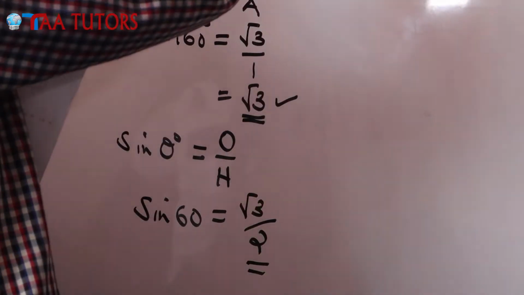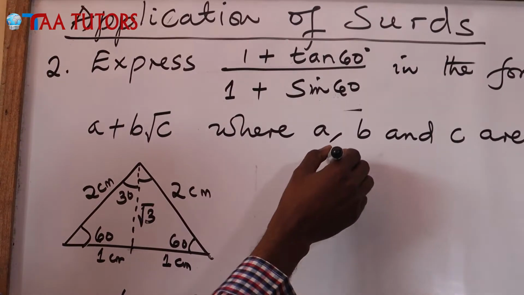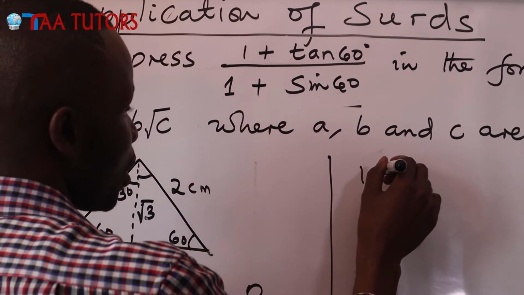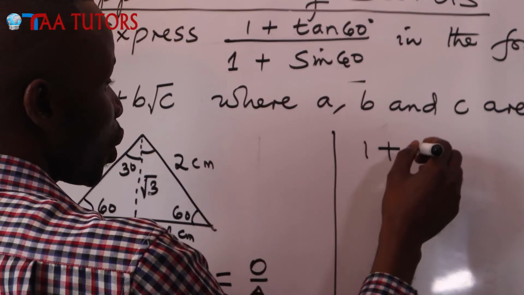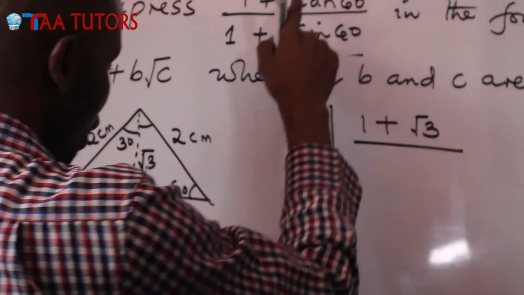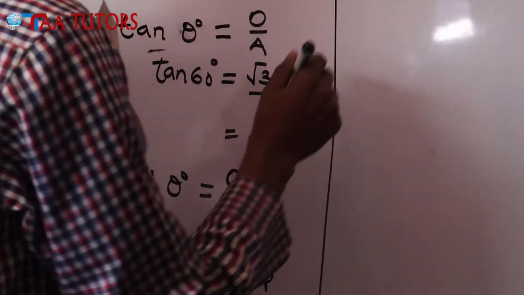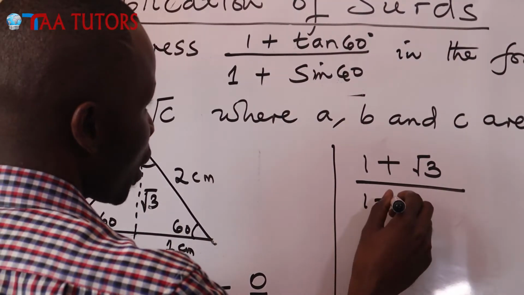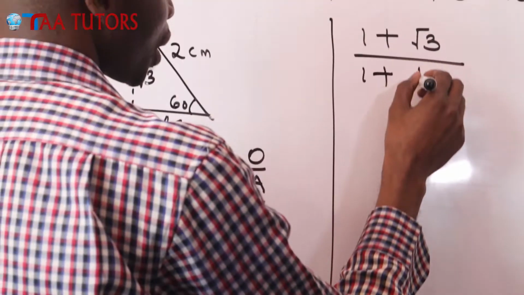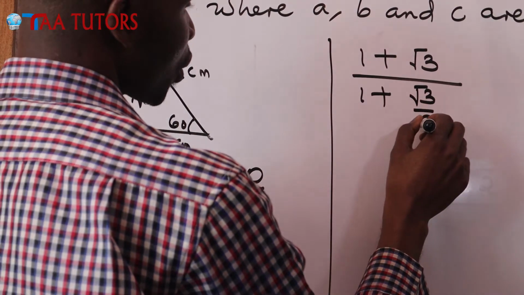We can then substitute them here, so that instead of writing 1 plus tan 60, we put 1 plus √3, because tan 60 is √3, and then 1 plus sine 60, which is √3 over 2, so plus √3 over 2.